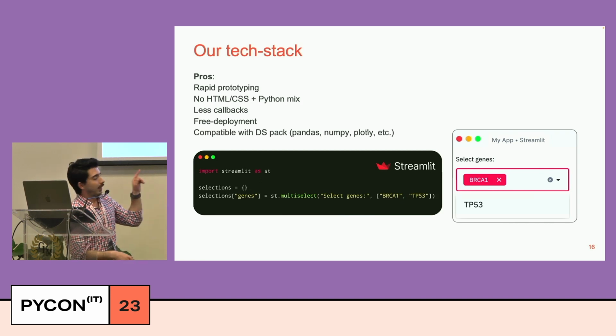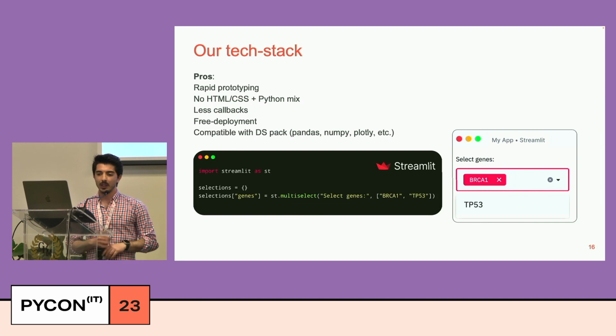As you see in the black code, it's just two lines, and we don't need any callback. You can just make a dropdown, and it's automatically assigned to a variable, and then you can collect all the defined variables at the end somewhere. There is no HTML, CSS, Python mix, it's just Python, so it's so easy to use.